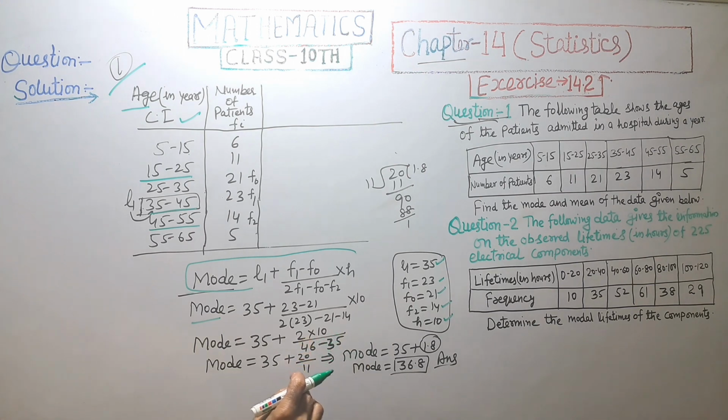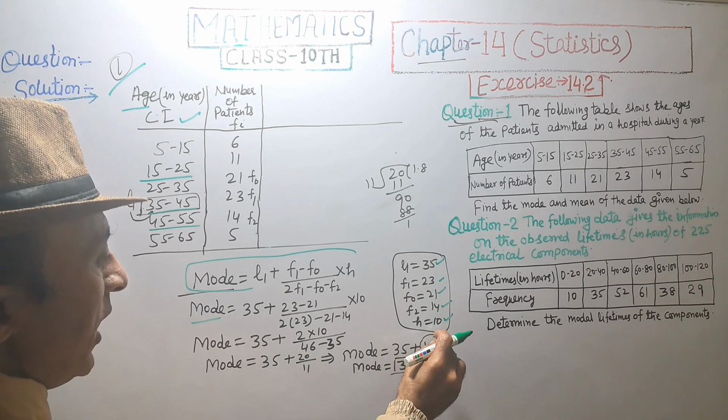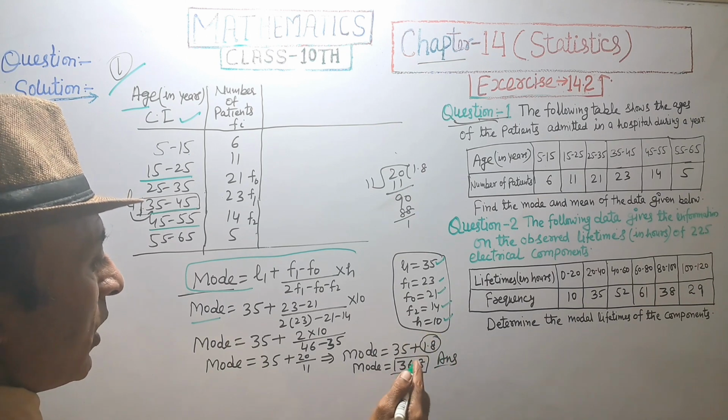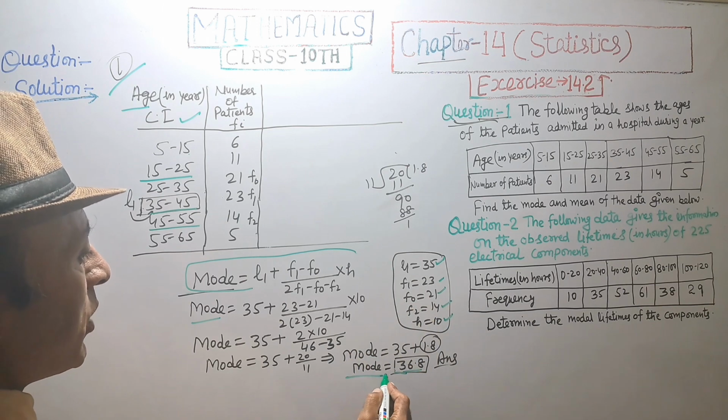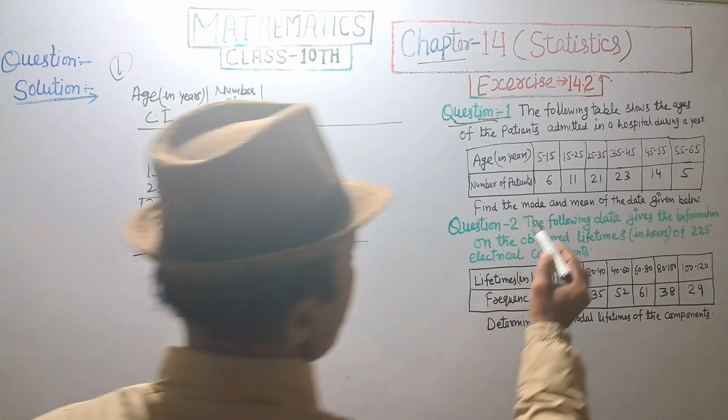And 20 divided by 11 is equal to 1.8. So 35 plus 1.8 equals 36.8, answer. Mode is equal to 36.8.